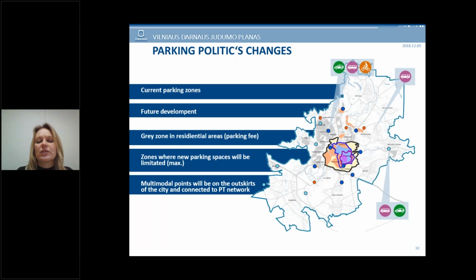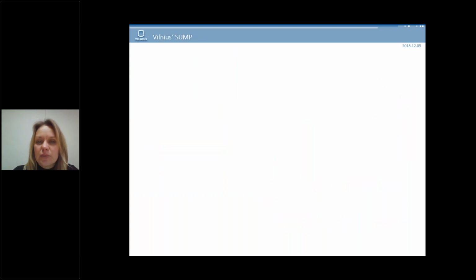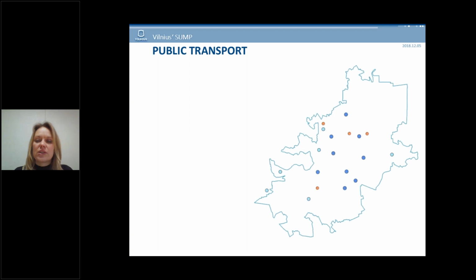We also suggested a network and development of regular park and ride or multimodal points, depending on how successful the pilot project will be. And having this parking policy in mind, we knew that public transport must collaborate and correspond to this policy of street network and parking policy.